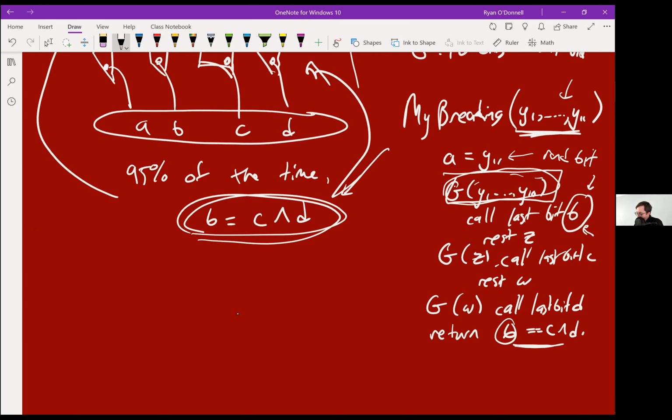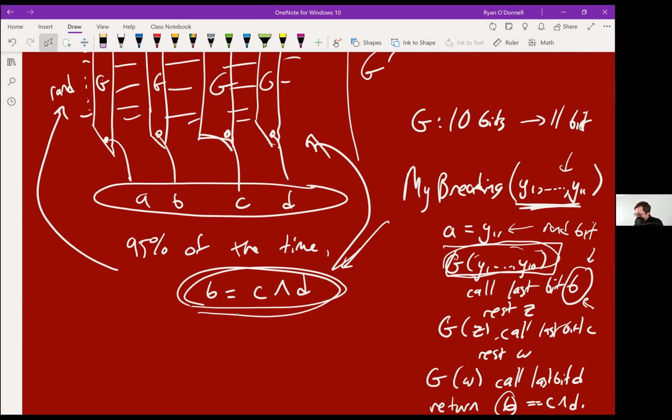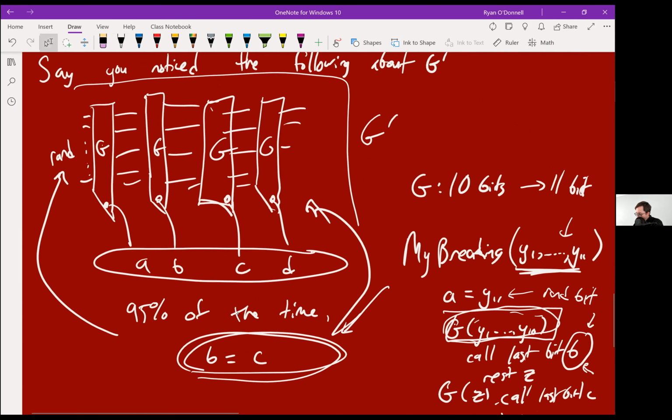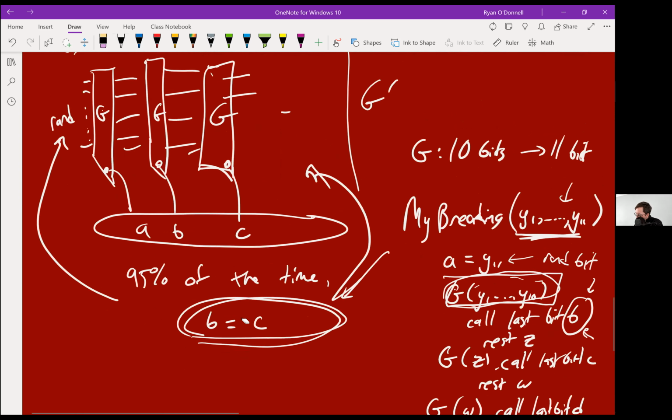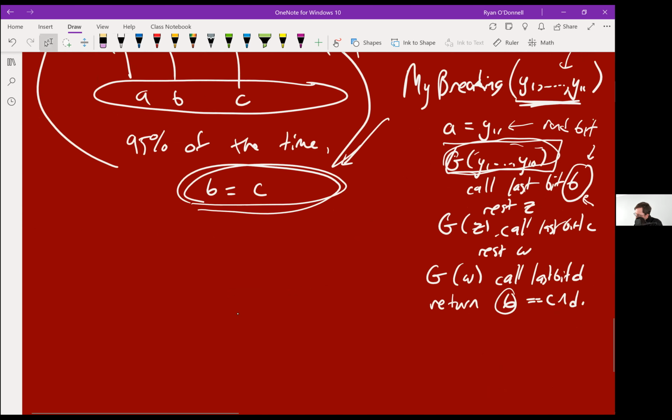Actually, to make it even simpler, I keep changing this security flaw. Let me just change it to B equals C. Let's say this part is not even happening. Then we don't really need this, and we don't really need this.